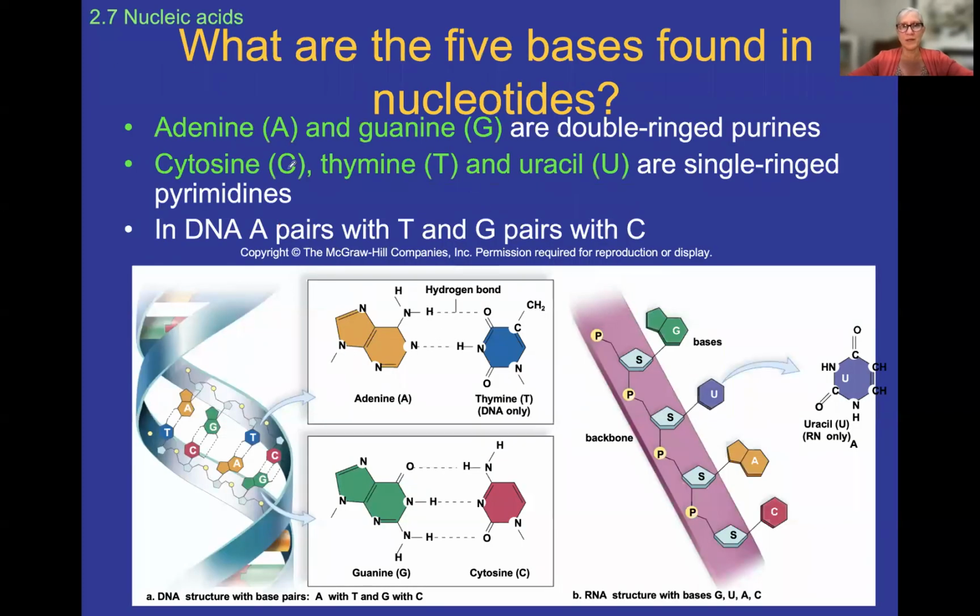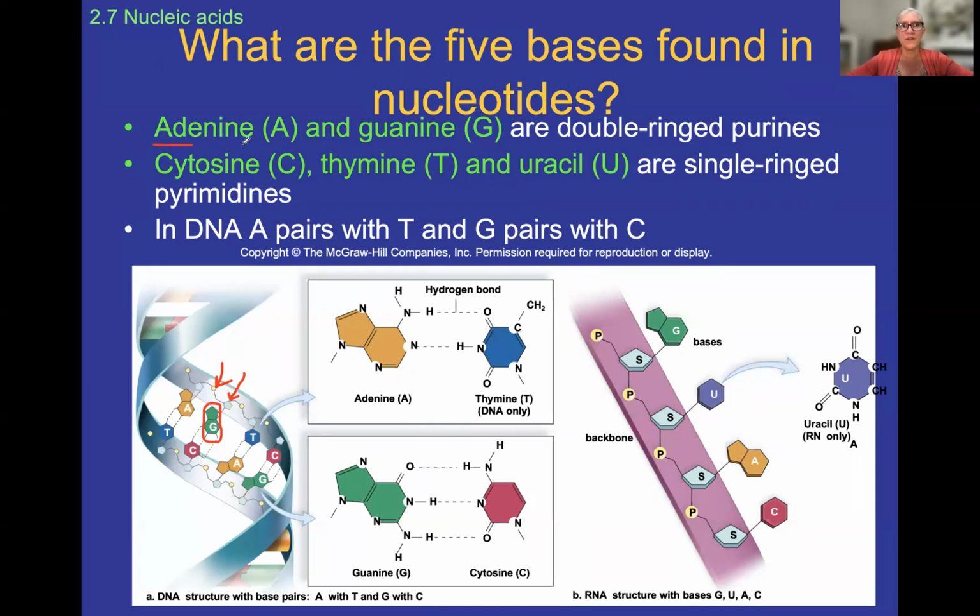When you see the repeating unit, here's a phosphate over here. Here's a sugar. And here's the base. In this case, it's the base that starts with a G, called guanine. The main thing to understand is that whether DNA or RNA, there are always 4 bases.